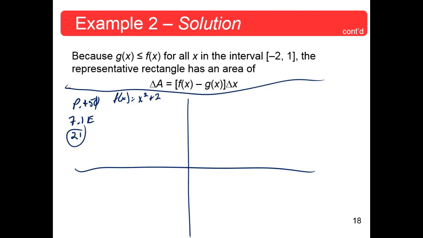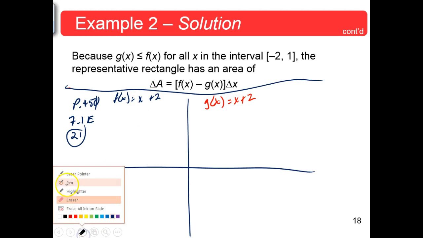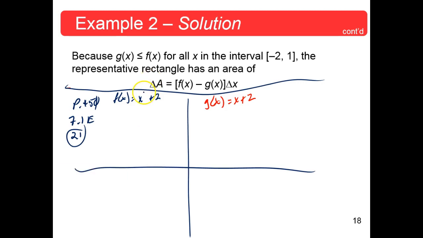So g of x is x plus 2. Okay, now, I think I'll go back to the dark color to start with. It's x to the 5th plus 2. Oh, you're right, that's x to the 5th plus 2. Okay, I can't read. That makes for an interesting problem.